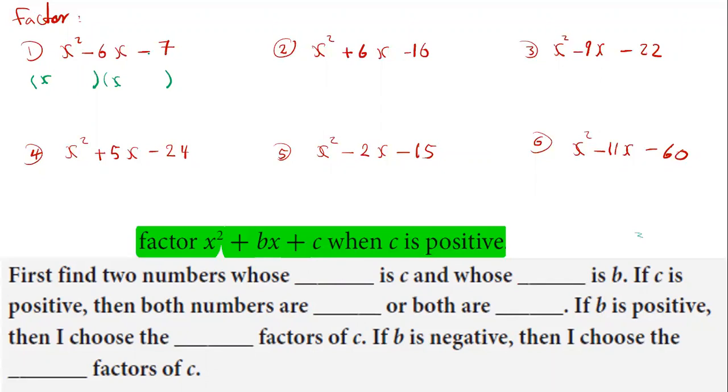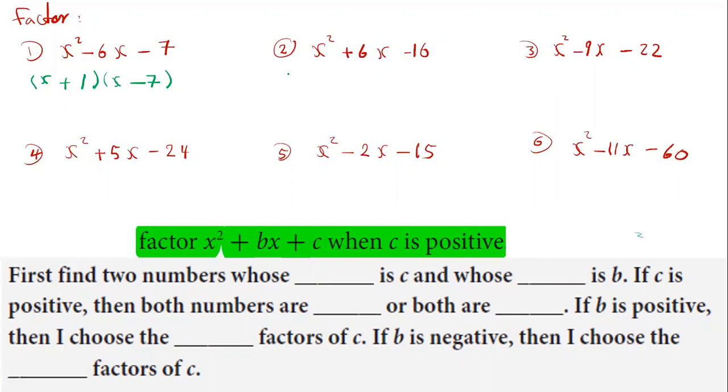Their product 7, their difference 6. 1 times 7. Now for the sign. Because the last sign is negative, the signs will be different. And the greatest absolute value of the factor will take the sign of the midterm. 7 is greater than 1, so 7 will take minus, and the other will take plus.